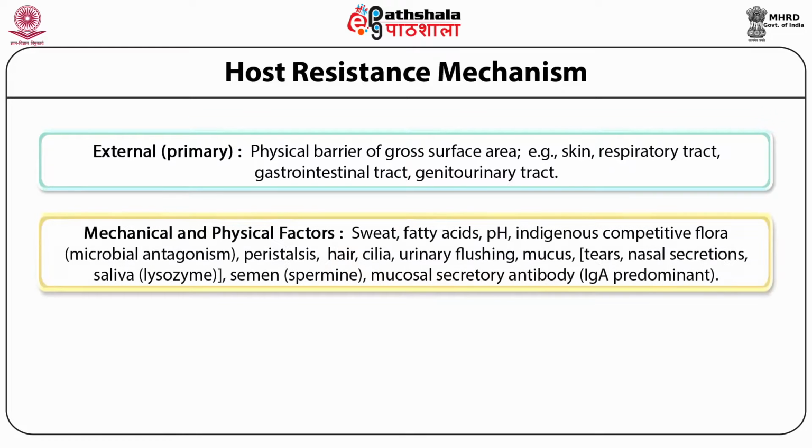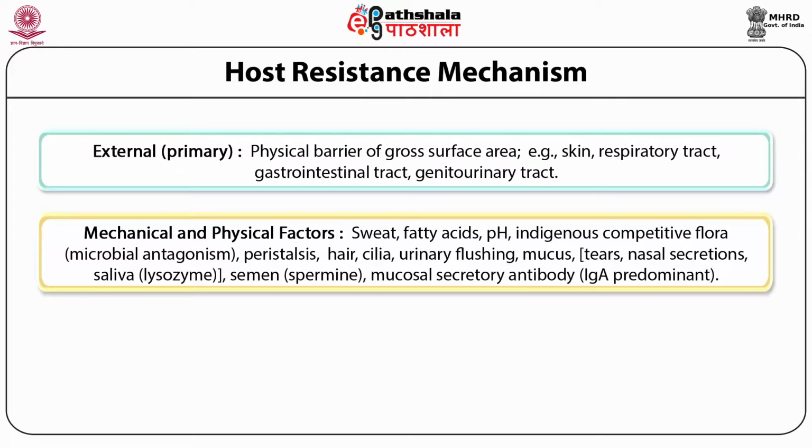Sweat gland, fatty acids, pH, indigenous competitive flora, peristalsis movement, hair, cilia, urinary flushing, mucus. So there are different mechanisms by which the colonization of pathogens is prevented in the body, and they are flushed out of the body.